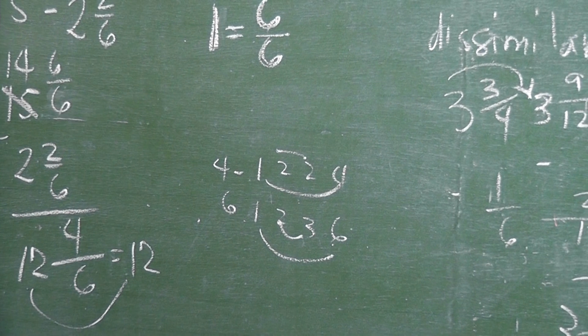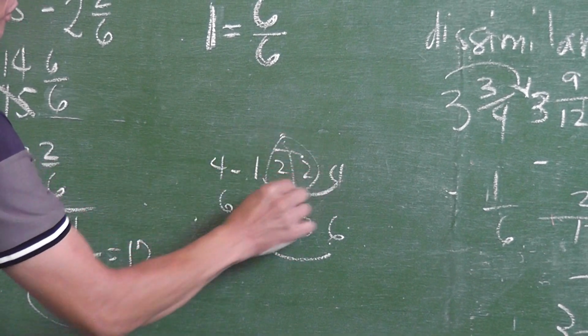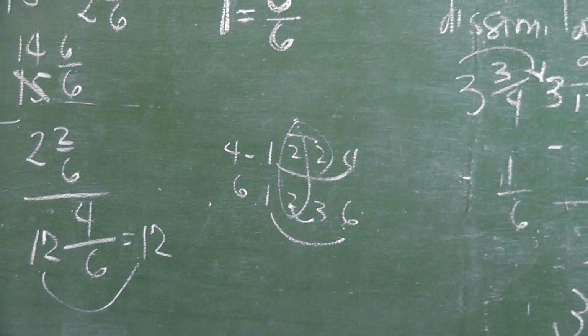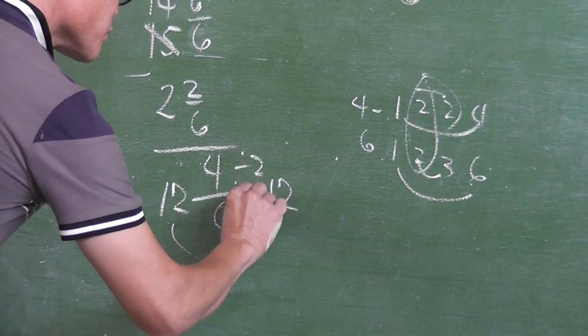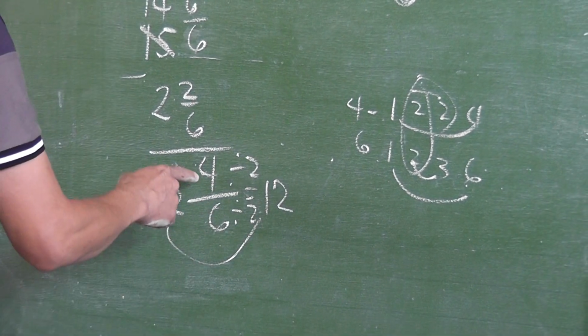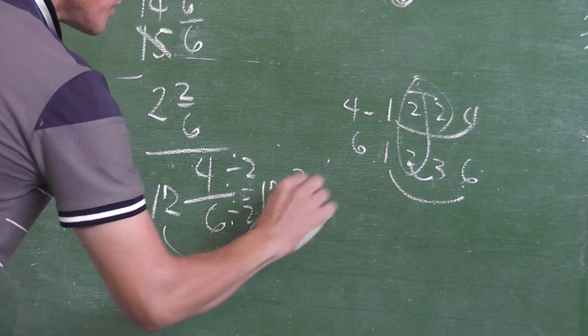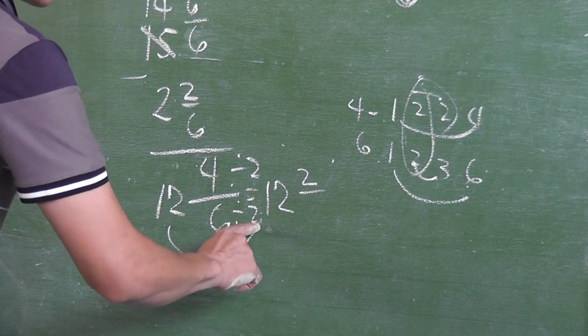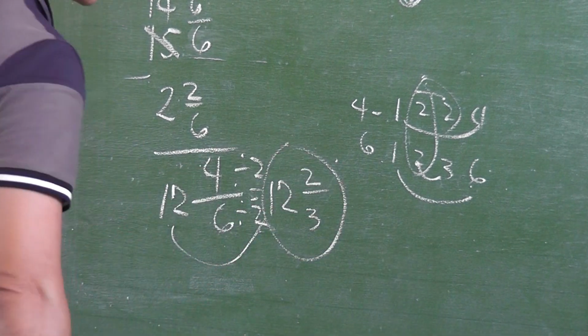So their GCF, or greatest common factor, is 2. So we're going to divide by 2. 4 divided by 2 is 2, and 6 divided by 2 is 3. So this is now our final answer.